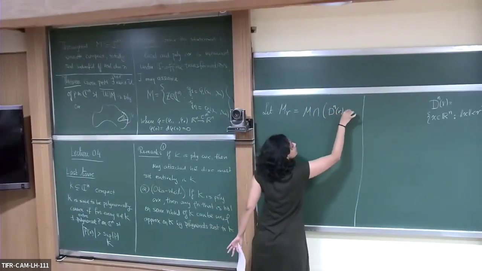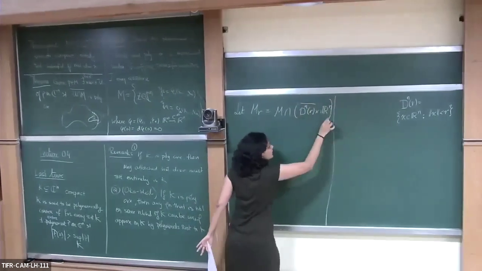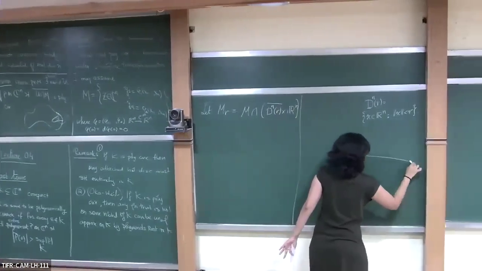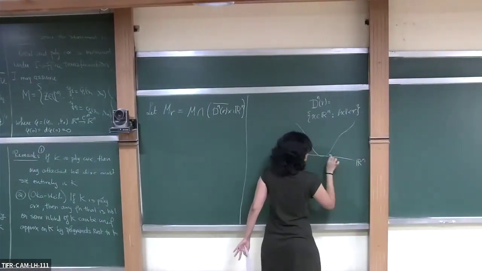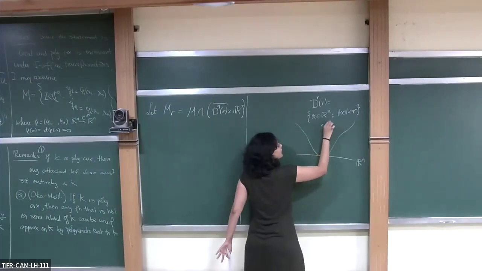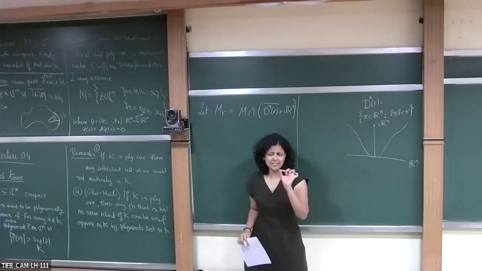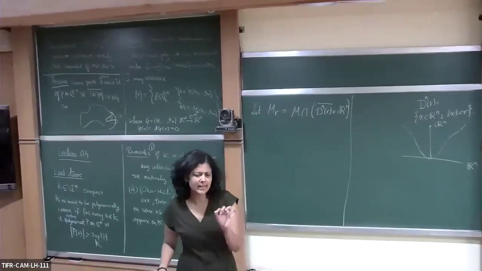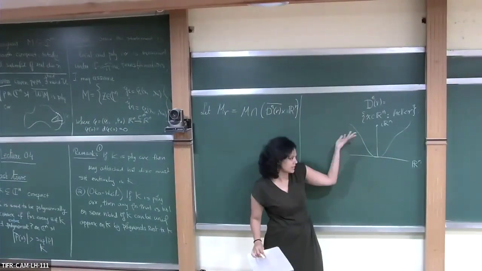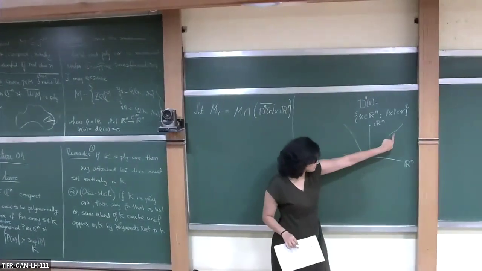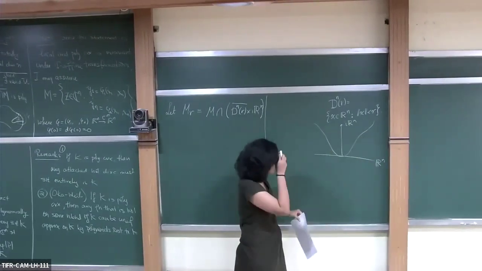I'll draw a picture. I'm taking the tube over this ball. This is Rn, this is Rn, and this graph is n-dimensional. Please don't be misled: only in the n equal to 1 case do you get these two regions inside and outside. This is really a real n-dimensional object sitting inside Cn, sitting inside R2n.